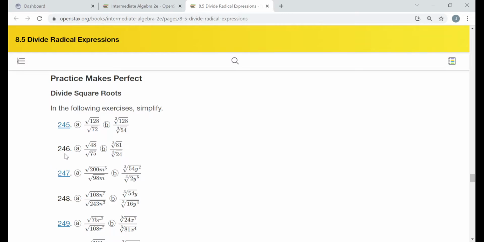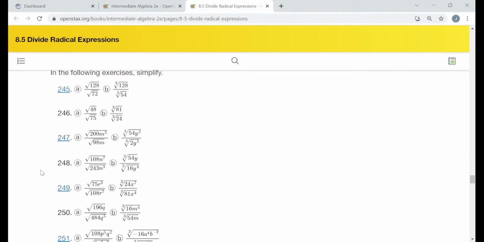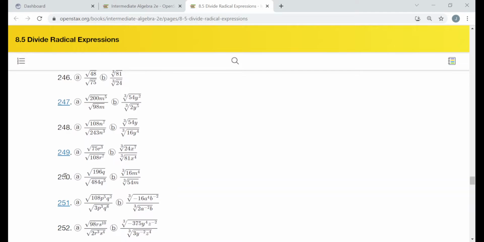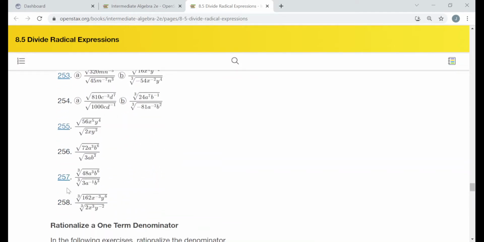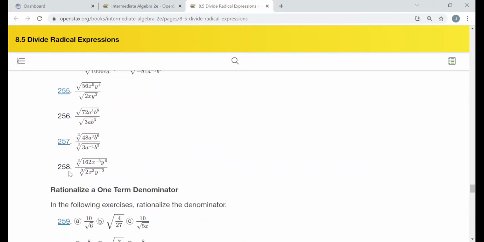Example 1 will correspond to exercise 246. Example 2 will correspond to 248, and so on, 250, 252, all the way down to number 258.